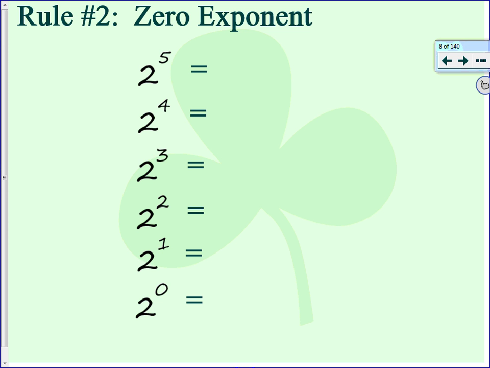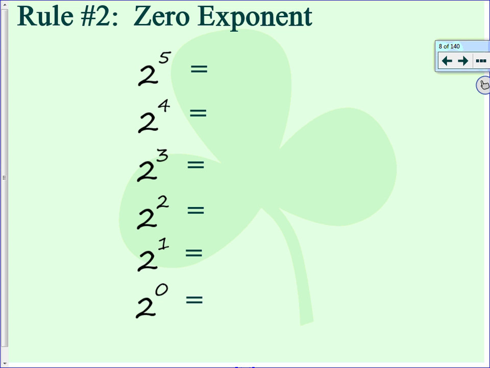So 2 to the 5th power is 2 times 2 times 2 times 2 times 2. I can't do this one. Okay, do you want to pick some others?